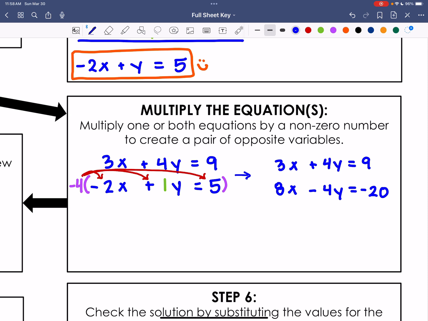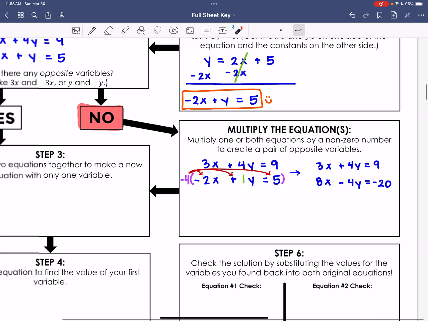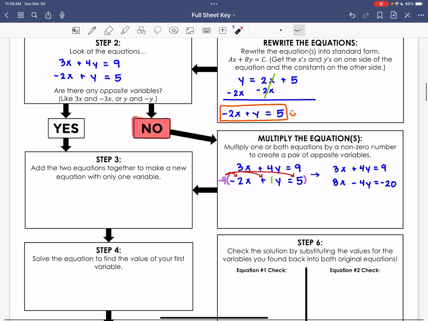All right, so the entire purpose of doing this is so we end up with opposite variables. We did not have them to begin with, but we should now. So we are ready to move along to step 3, which says add the 2 equations together. And again, if we did this right, we should go from having 2 equations with 2 variables, eliminating that down to only have 1 equation with 1 variable.